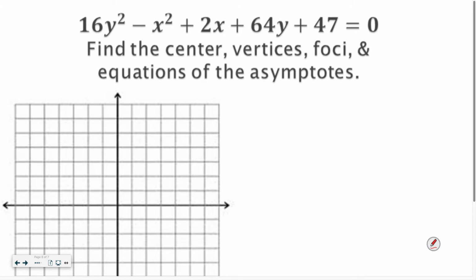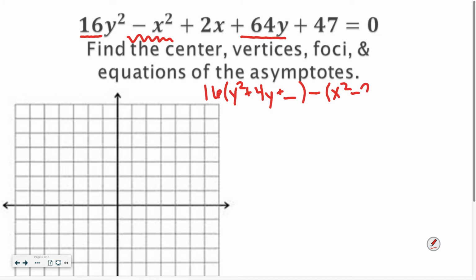So, since we have a coefficient of 16 with our y squared, let's factor that out, which means we would have to factor it out of 64y as well. And we'll leave room to complete the square. Our x squared has a coefficient of -1, so we'll factor that out of the x squared term and the x term.